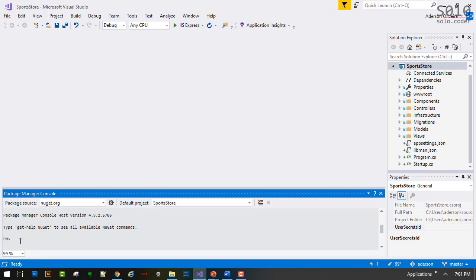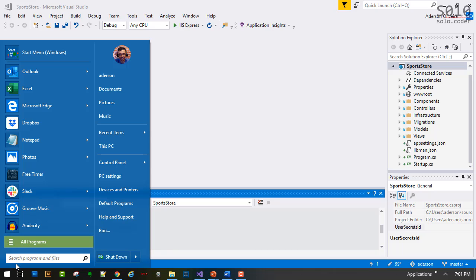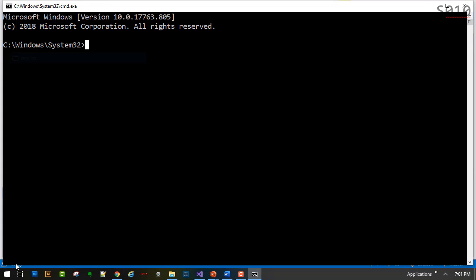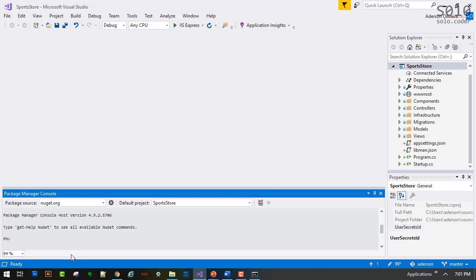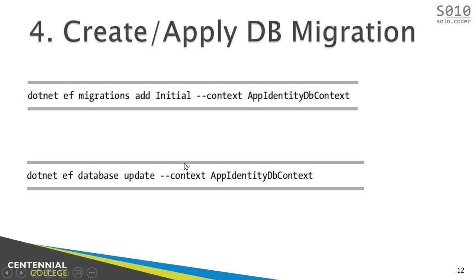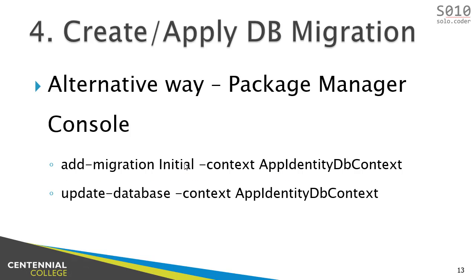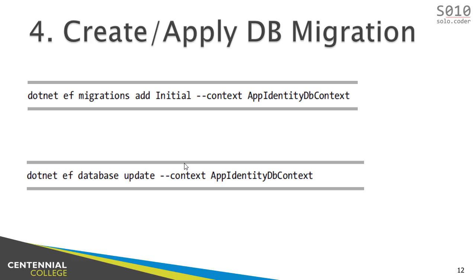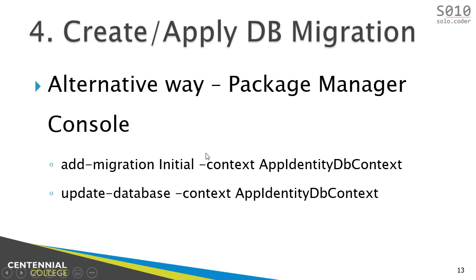This is a command line as well. It's not exactly the same command line as you have here, CMD, but it's a similar one. However, the command has a slightly different syntax. Don't want to confuse you, but I just want to give you an alternative. So add migration initial is the equivalent of the first one, and update database is the equivalent of the second one. So you can say something like this.